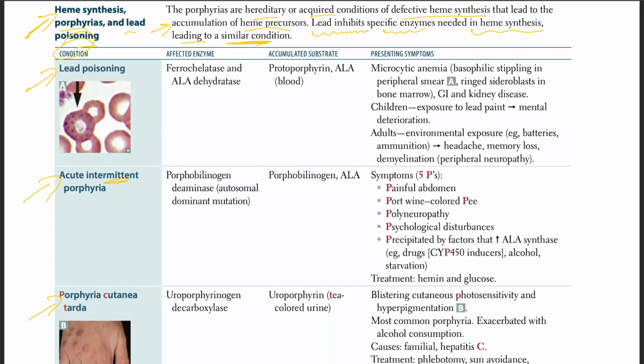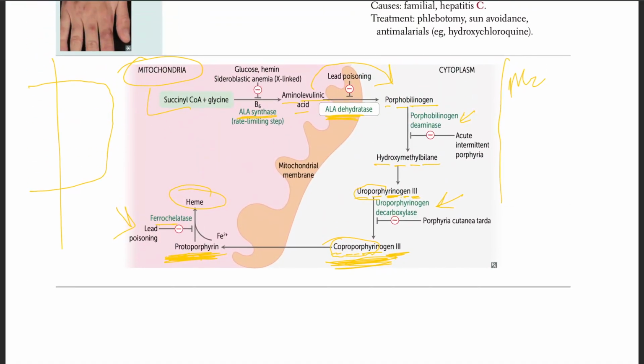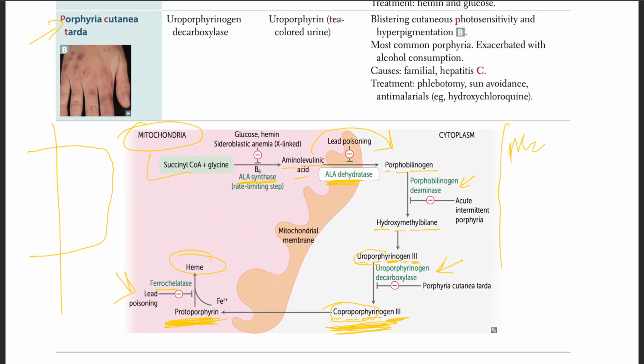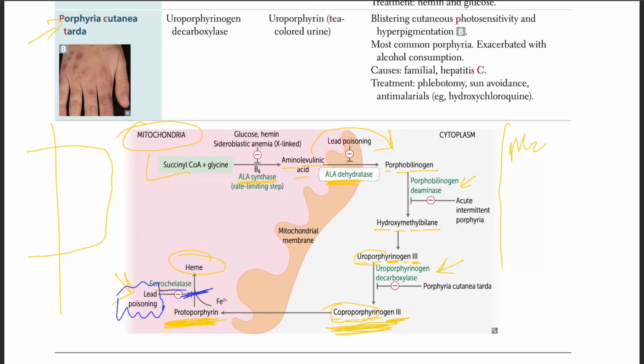Okay, so lead poisoning. What are the affected enzymes? We have ferrochelatase and ALA dehydratase. So let's look at the picture. Let me change the color. In lead poisoning, we are inhibiting ferrochelatase, this step, and also the other step, which is this, ALA dehydratase.